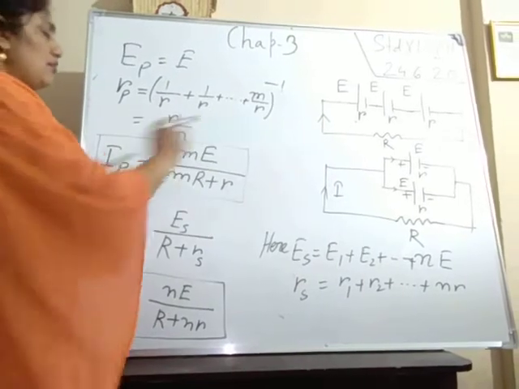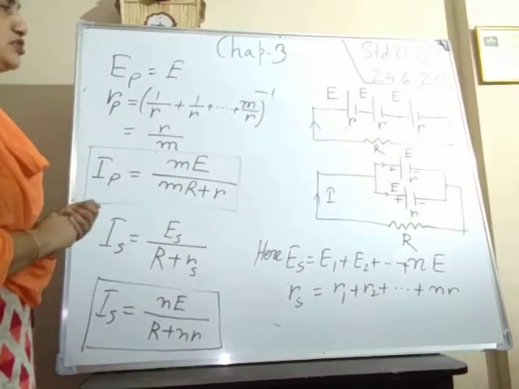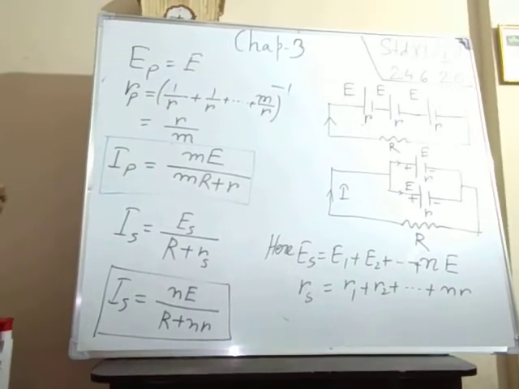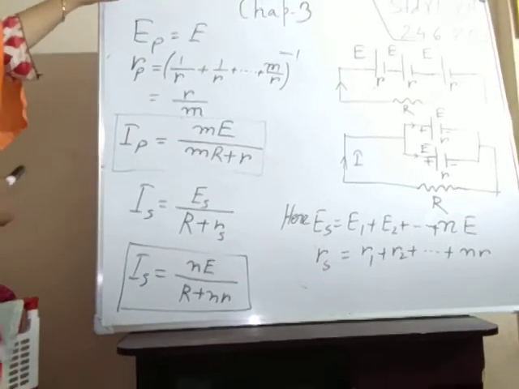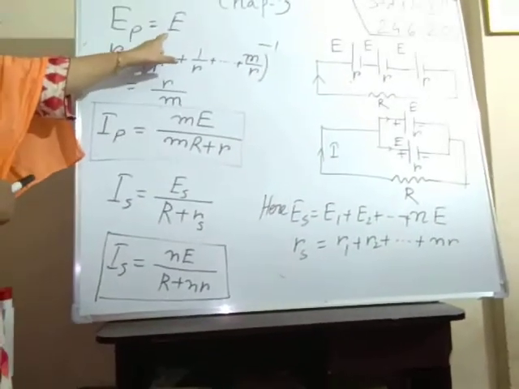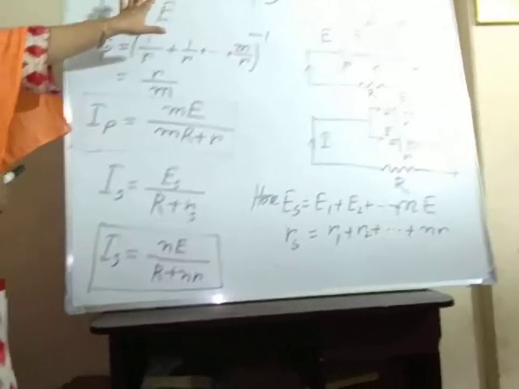In parallel combination, when the cells are arranged in parallel, the equivalent electromotive force will be the electromotive force of any of the cells.